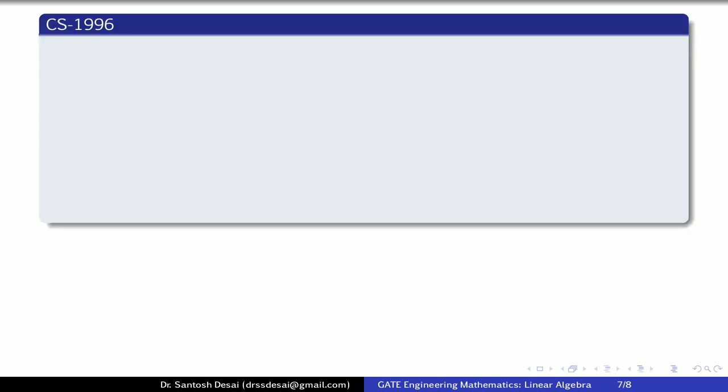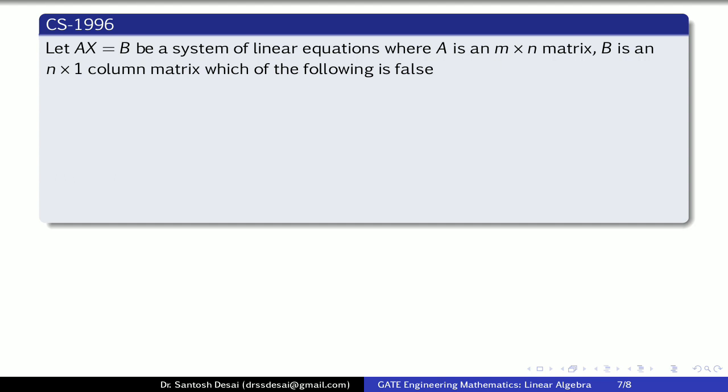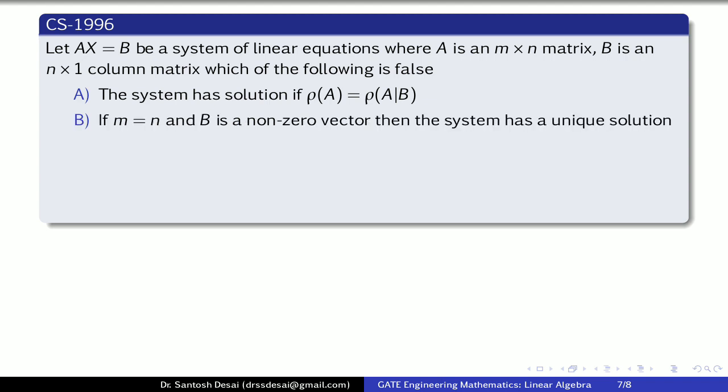Now consider the last example. Let Ax is equal to B be a system of linear equations where A is an m by n matrix, B is an n by 1 column matrix. Which of the following is false? Option A, the system has a solution if rank of A is equal to rank of augmented matrix AB.